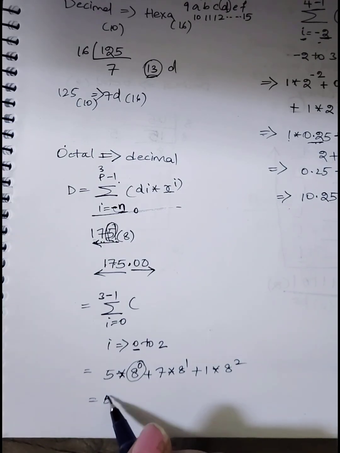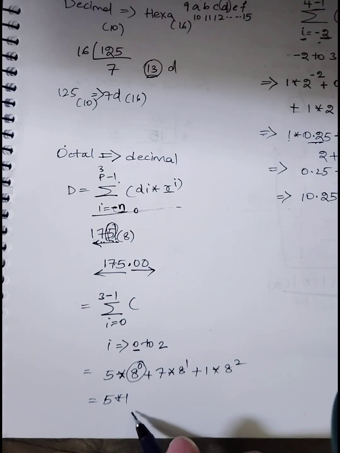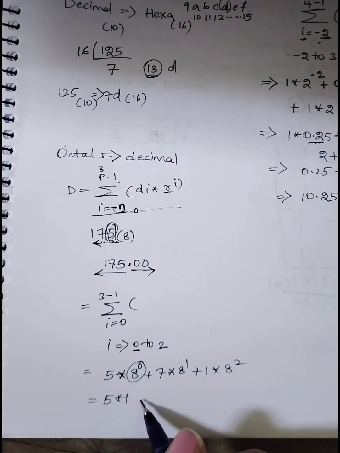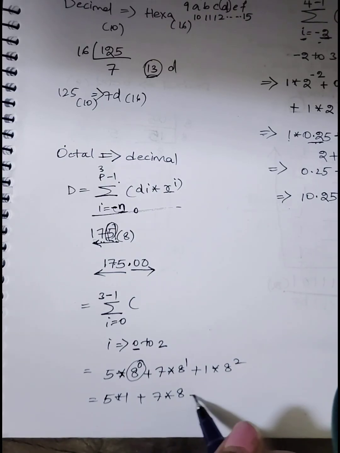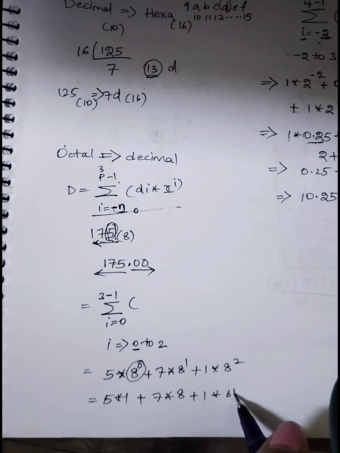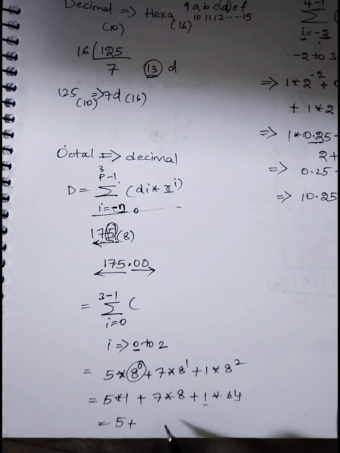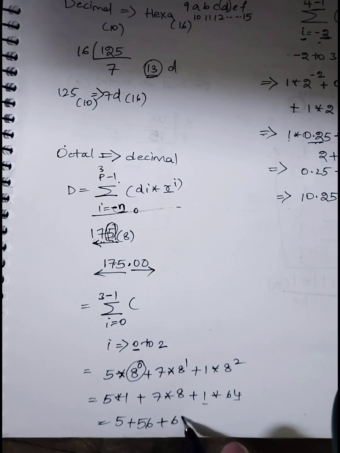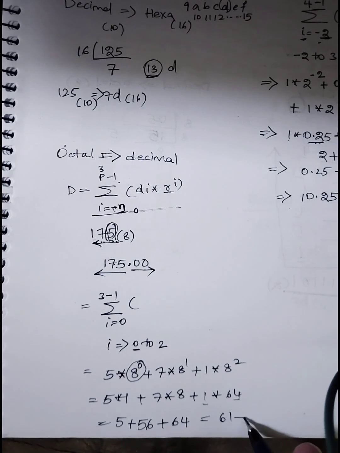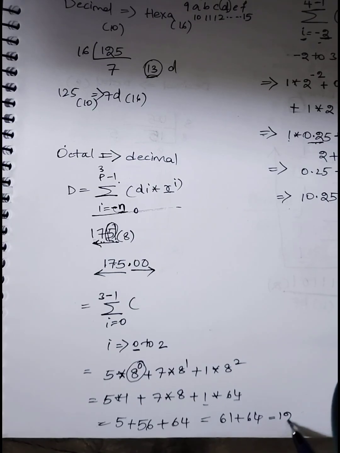Anything power 0 is 1. So 5 into 1 is 5, plus 7 into 8, plus 8 square is 64. Anything into 1 is anything, so it will be 5 plus 7 8 is 56 plus 64. So it will be 61 plus 64, 125.